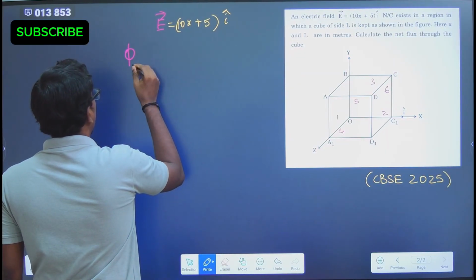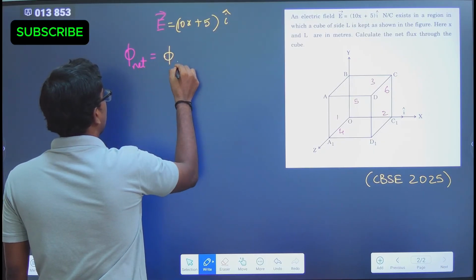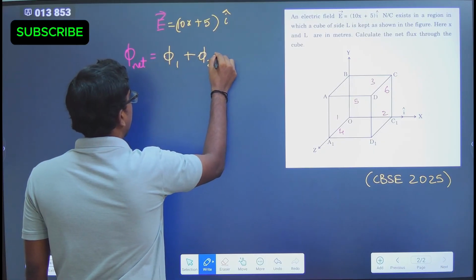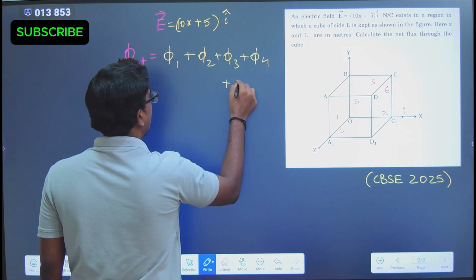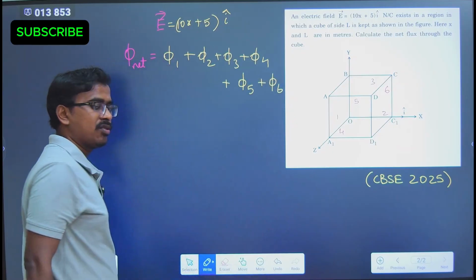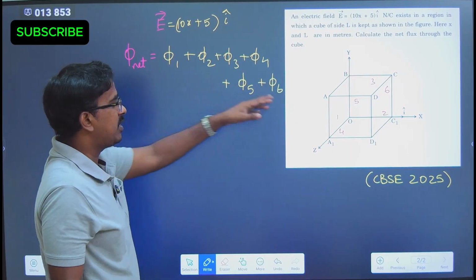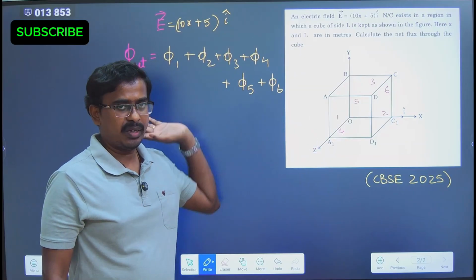For the net flux of the cube, you need to find the flux for each individual surface, so 6 surfaces, 6 fluxes. Then you add everything to find the total flux.